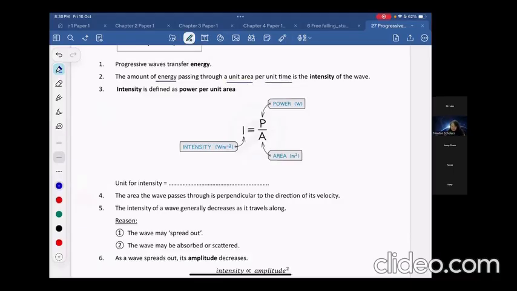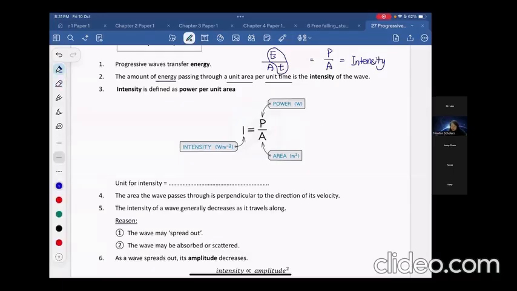So the energy passing through an area per unit time, E over T, is power. So power over A is intensity. Energy divided by time is power. That's why we get this formula: I equals P over A.